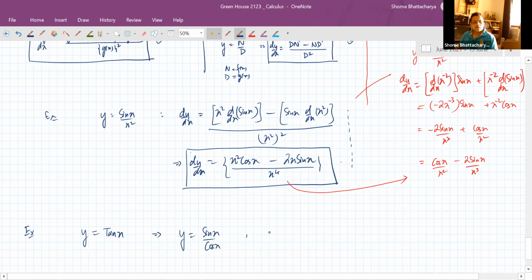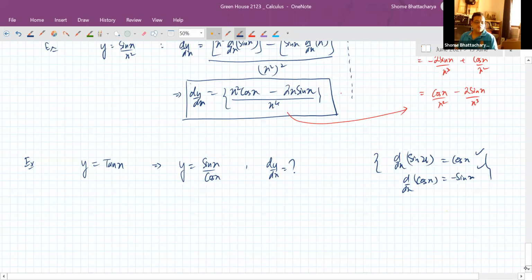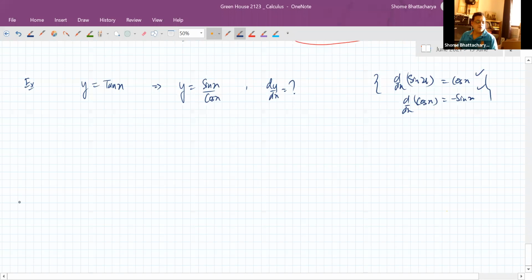Then you can find dy by dx using the quotient rule, given that you know that differentiation of sin x is cos x and differentiation of cos x is equal to minus sin x. So using these two values, you can apply the quotient rule here and prove that differentiation of tan x is sec square x, which you know as a fact. So try out this example. Show that it should be coming out as sec square x, and also do one more question.